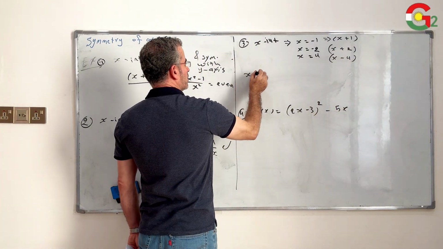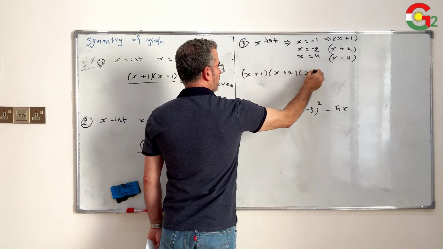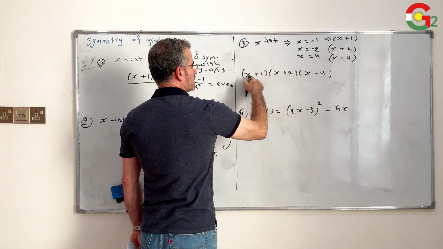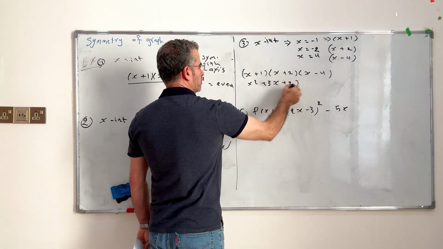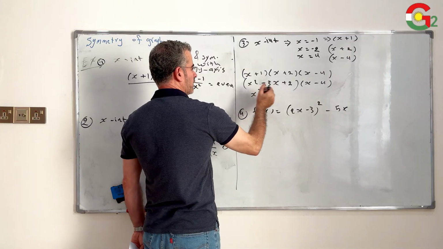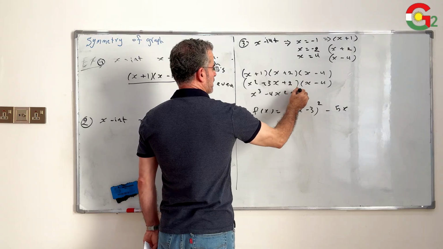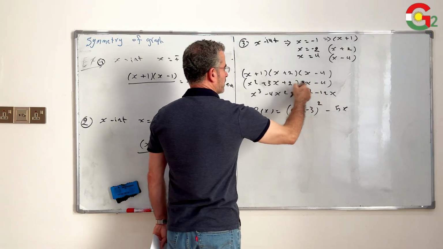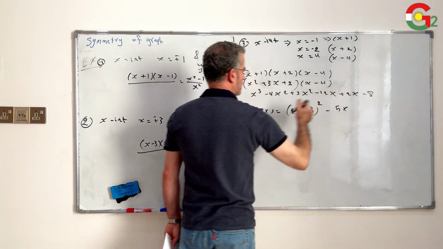Multiply these brackets to find the function. x power 2 plus 2x, plus 3x... Multiply by x minus 4: x power 3, minus 4x power 2, plus 3x power 2, minus 12x, plus 2x, minus 8.